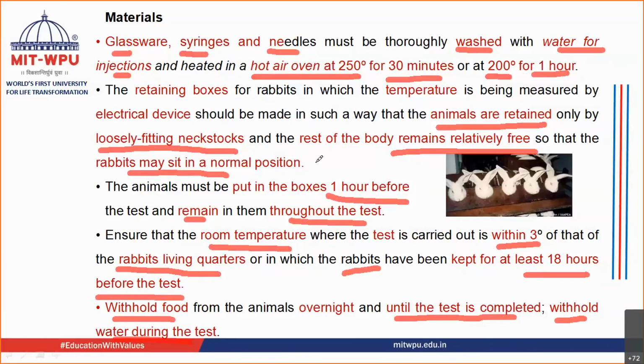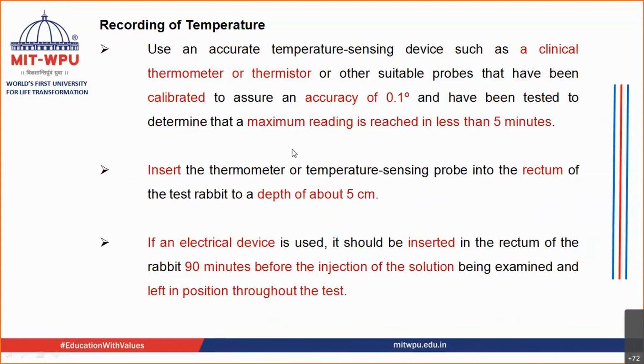Now let us go to how you are going to record the temperature. As I told you earlier, it can be recorded with the help of a thermometer, a thermistor, or any other equipment which is properly calibrated, so that you can assure an accuracy of 0.1 degree Celsius.